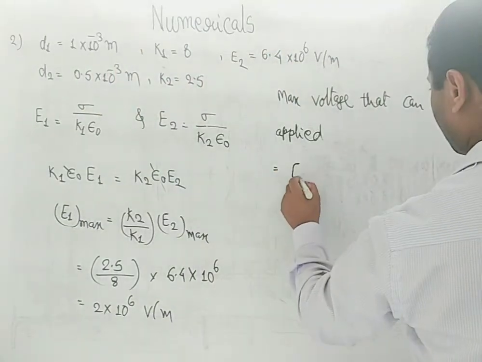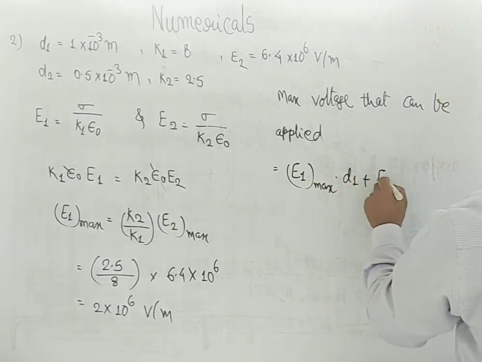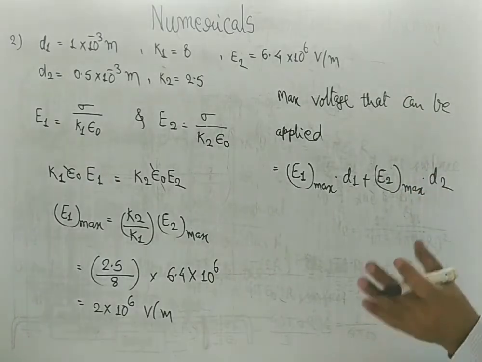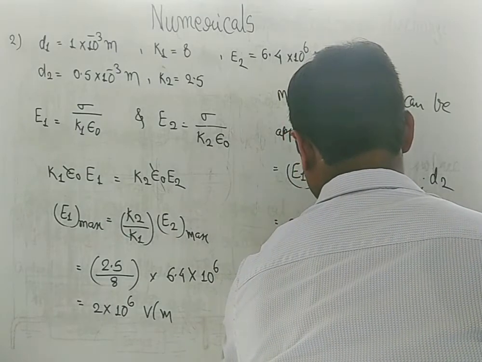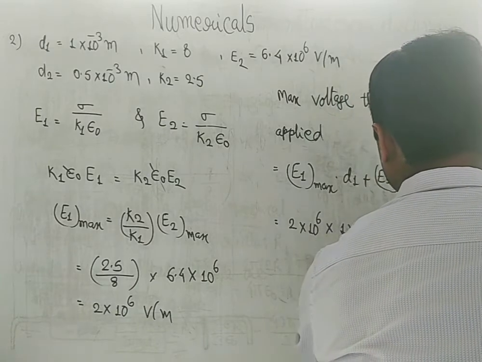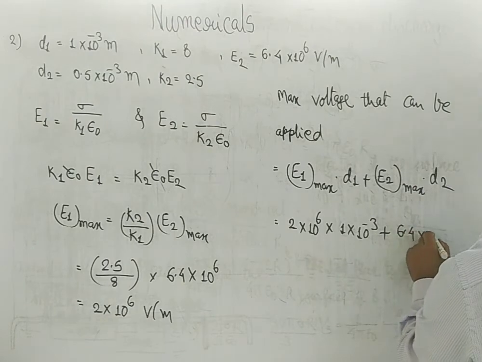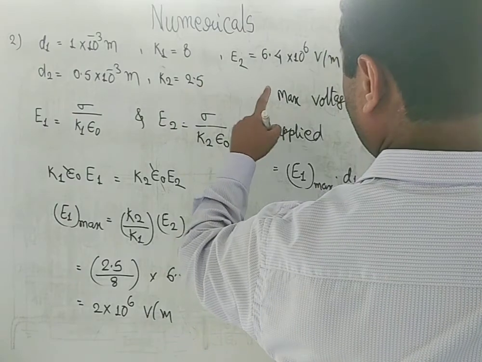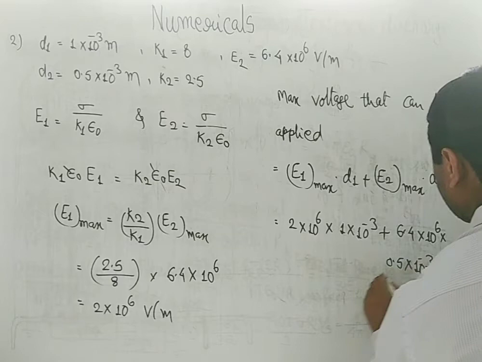Now placing all these values, we have 2 into 10 power 6 into 1 into 10 power minus 3 plus E2 max 6.4 into 10 power 6 into how much? D2 is 5 into 10 power minus 3.